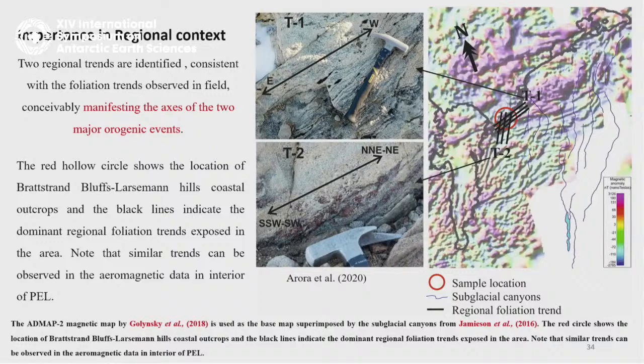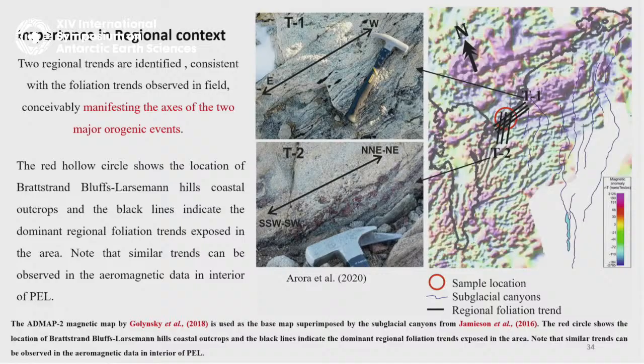Okay. Well, normally when you have a compression, it is also associated with fabric development. So when we look at fabric development, there are two main fabrics which are associated with these ages. One is an east-west trending fabric, and the other is a north-northeast, southwest trending fabric. So you see these in rocks. These are measured in rock.